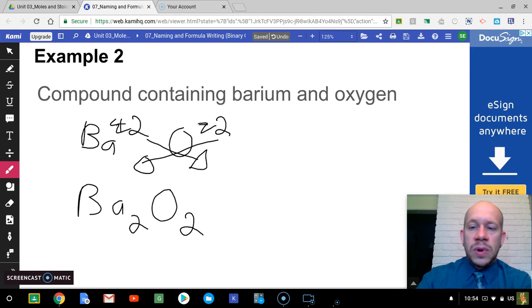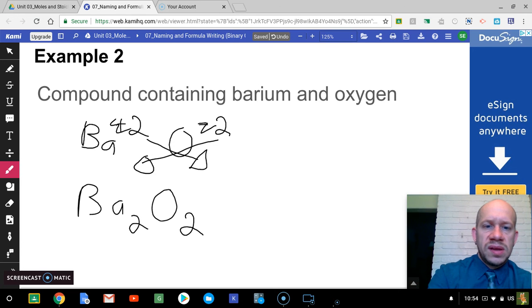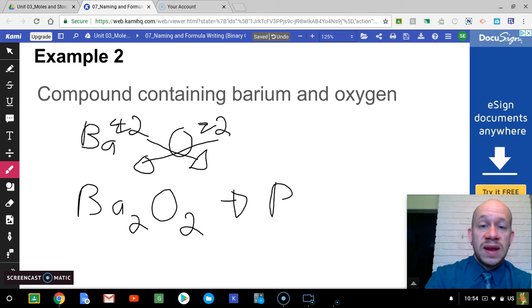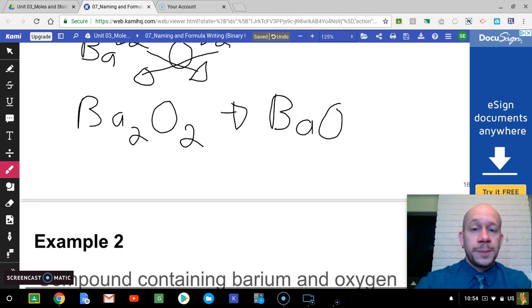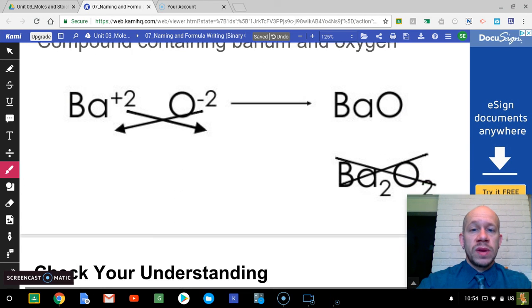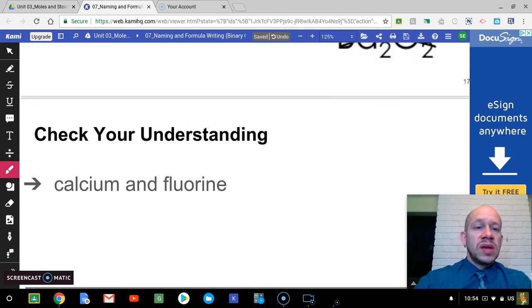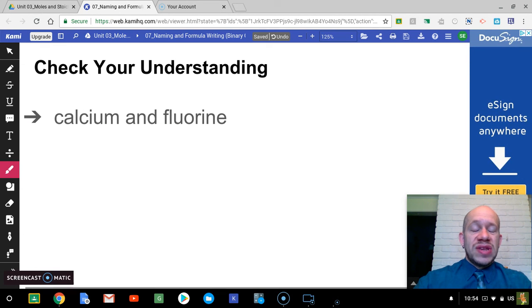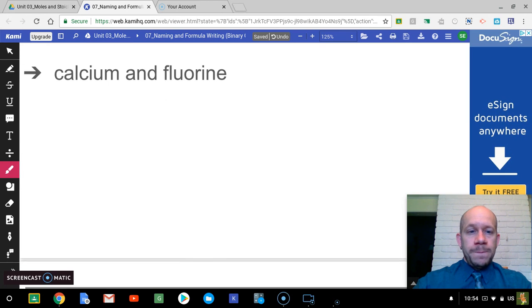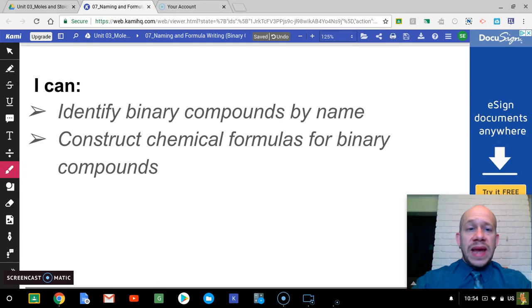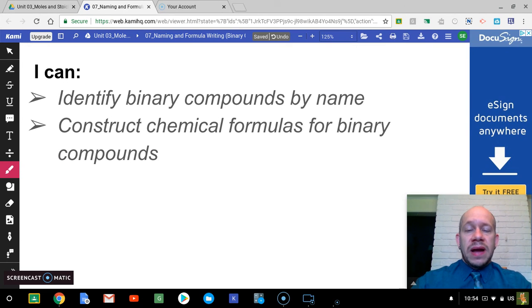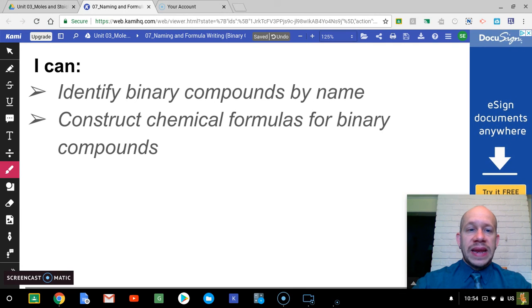And then we'll call the second part of the crisscross and reduce. So we will reduce these because both 2's can be divided by 2, our common reduction. So BaO. We're never going to write it like this. We're always going to reduce it. So check your understanding. You can now identify binary compounds by name, and you can construct chemical formulas for binary compounds.